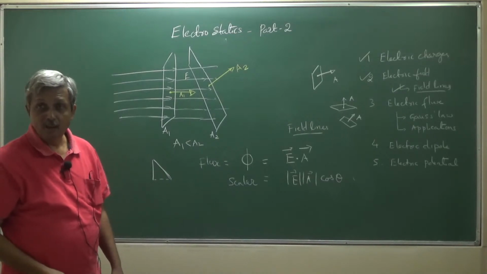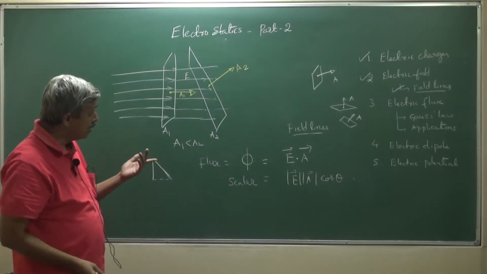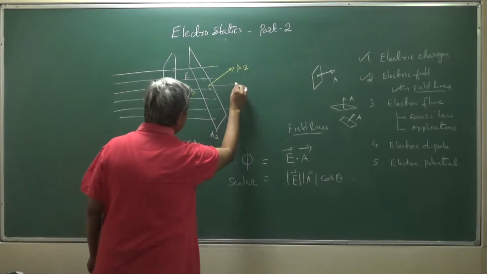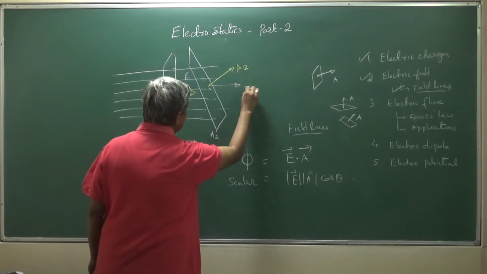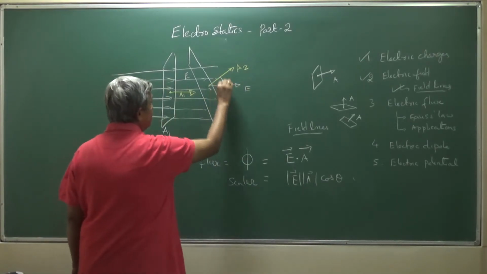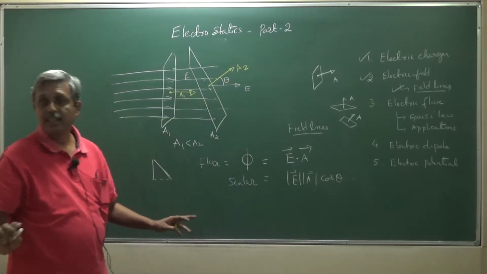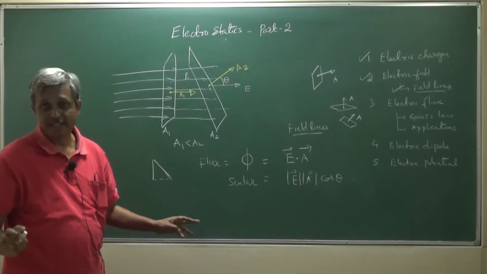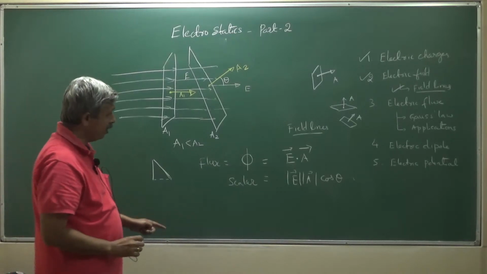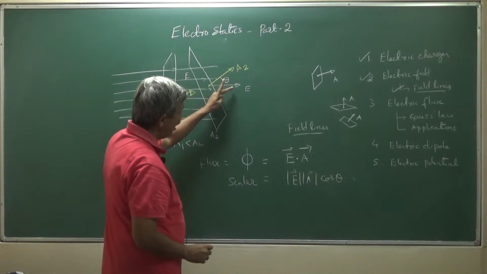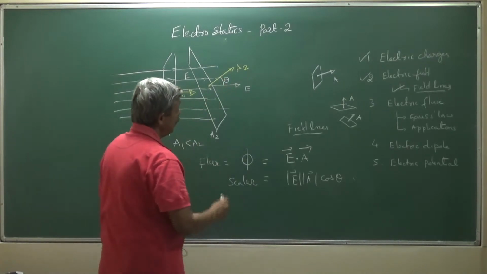Now between these two areas, look at the angle. This is the direction of E and this is the theta. Now you see A2 cos theta.